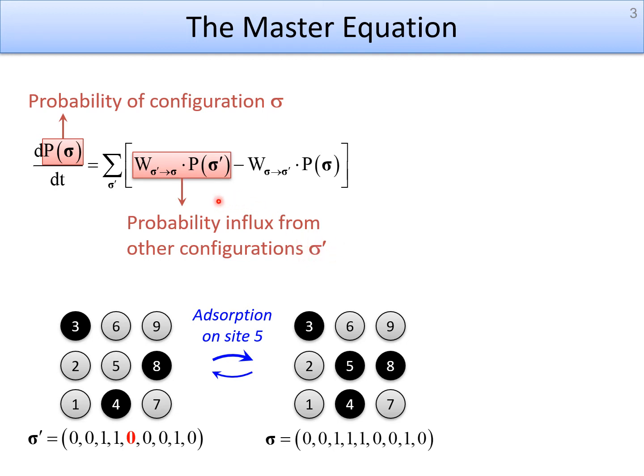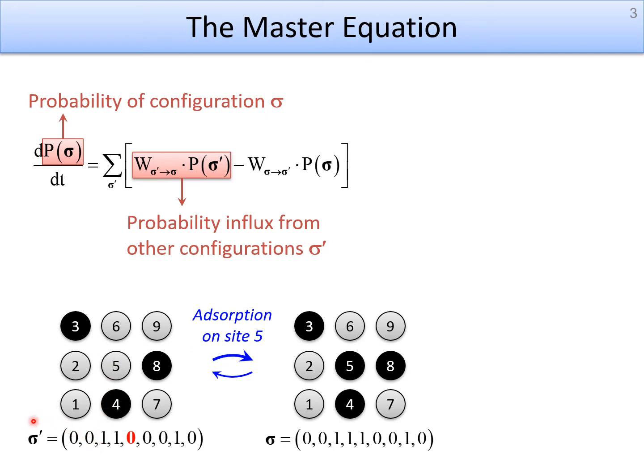So for example, if sigma prime is this configuration over here, in which you will notice the 5th site is not occupied, this state contributes to this state with the probability flux, the magnitude of which is determined by the rate of adsorption on site 5. So probability flows from this state to that state. How fast? This depends on how fast or how frequent adsorption is on site 5.